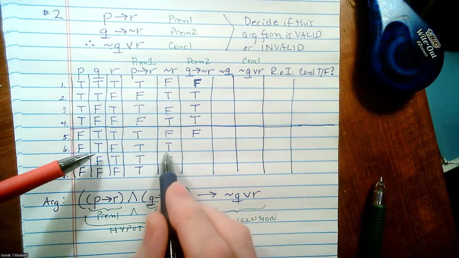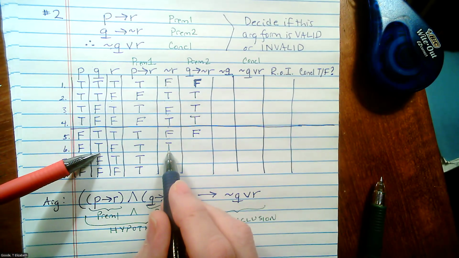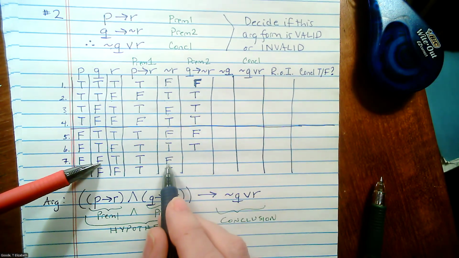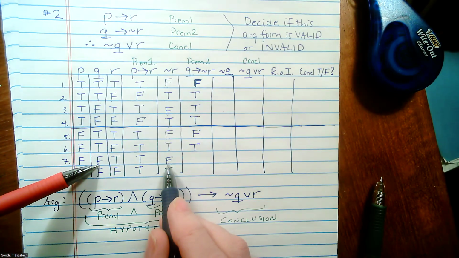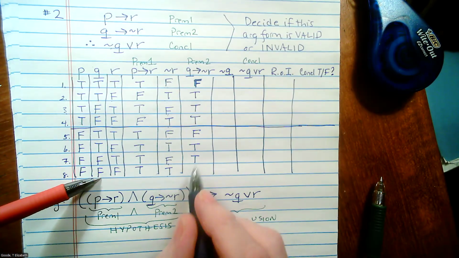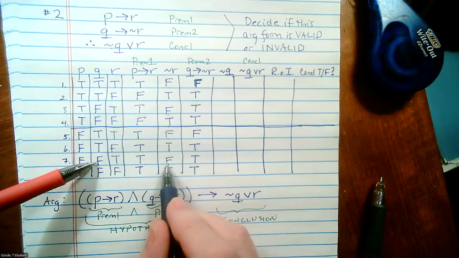Row 6 would be true. True implies true is true. Row 7, true, because of the false hypothesis. Perfect. And the same for the last one, row 8. Let's say 5, 6, 7, and 8.